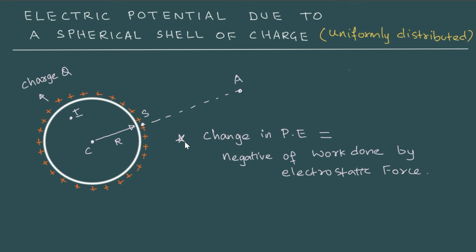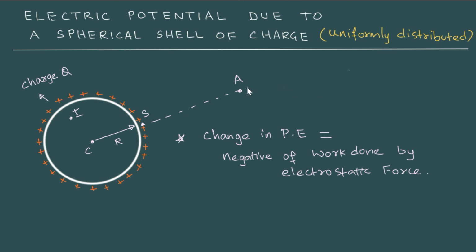We should understand that when we look at this change in potential energy, as the work is done by the electrostatic force, the configuration, the arrangement of the system, is changed very, very slowly. What do I mean by that?